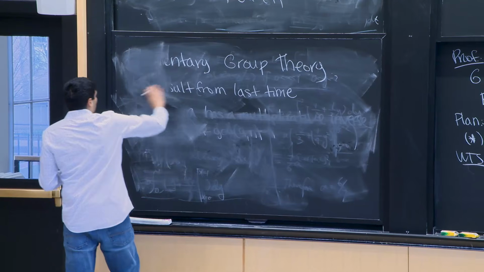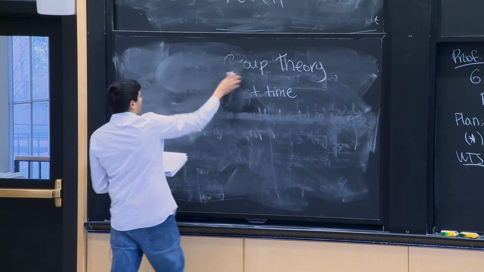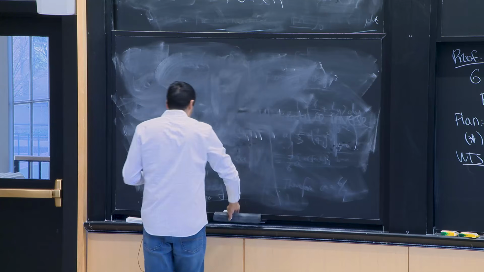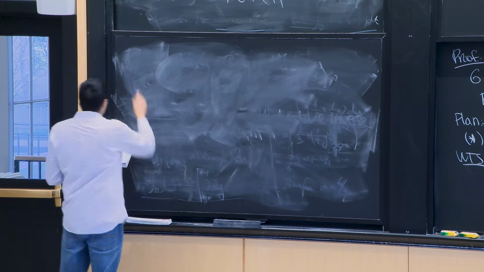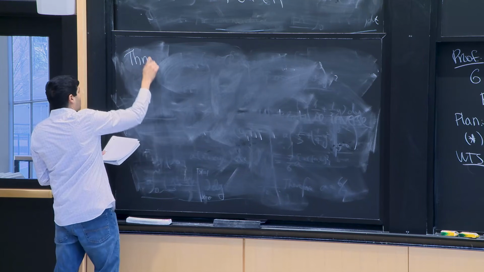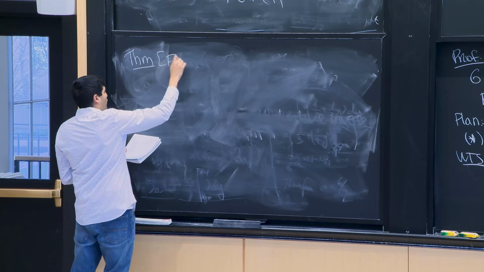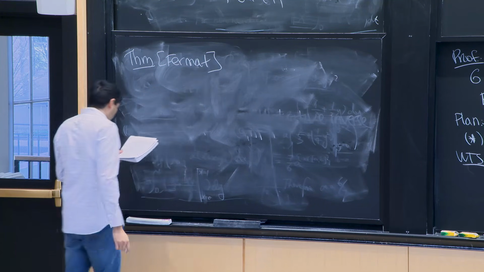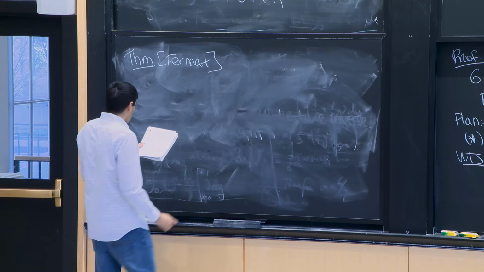And it's going to connect all of the tools we talked about: subgroups, powers of elements, the order, and everything. So this is a theorem called Fermat's little theorem. We're not going to prove Fermat's last theorem.